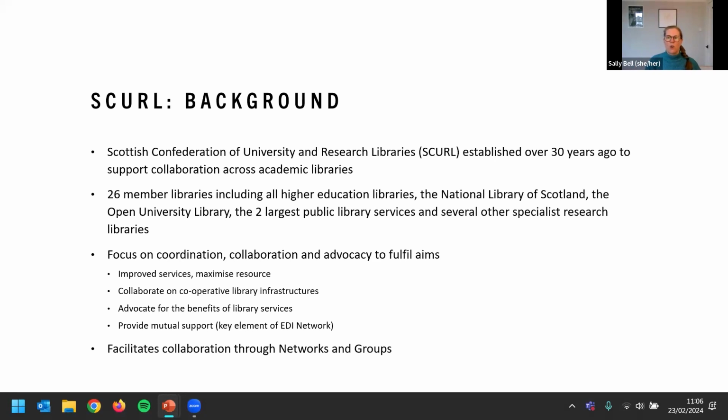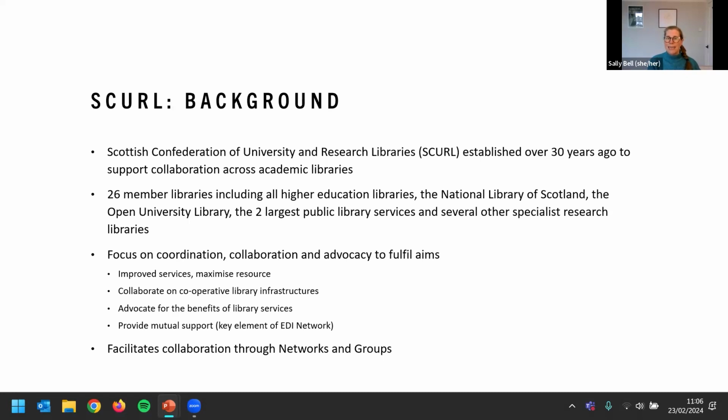So a little bit of background on SCURL for those of you who are unfamiliar. It stands for the Scottish Confederation of University and Research Libraries, which is a little bit more of a mouthful than just saying SCURL. It was established over 30 years ago to support collaboration across the academic libraries within Scotland.